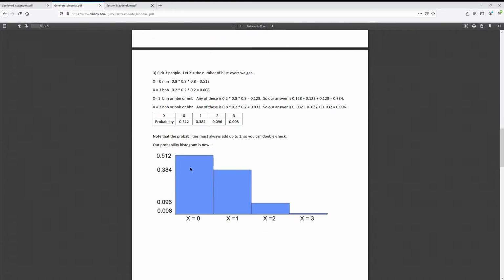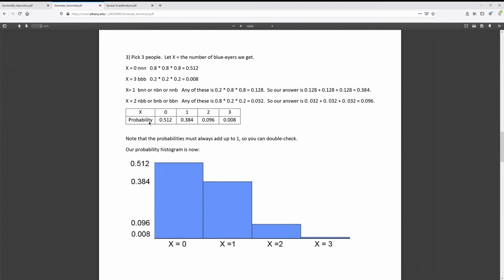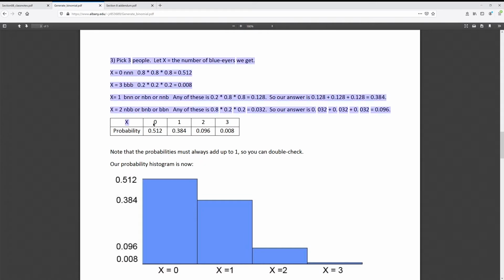20% of people have blue eyes, so if you pick 4 people, then here in chart form or in picture form are the probabilities of 0, 1, 2, or 3 people having blue eyes. So then you can compute the mean and standard deviation of this random variable in the old section 5 sense, right?